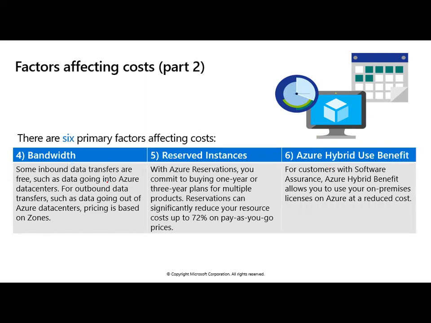We have bandwidth. When it comes to bandwidth, there are some inbound data transfers which could be free, and there could be some inbound data transfers which might be charged. Similarly, for outbound data transfer, like data going out of your Azure data centers, pricing will be based on the kind of zones you are located in, whether you are in the American zone or the Northeast region.